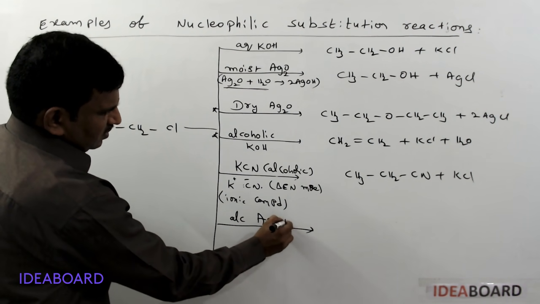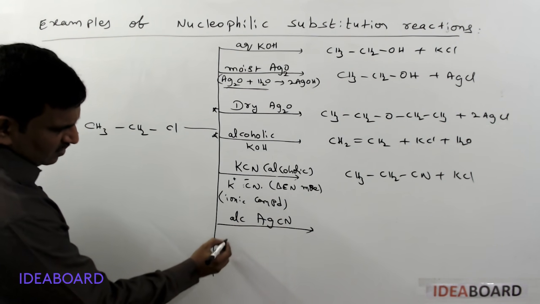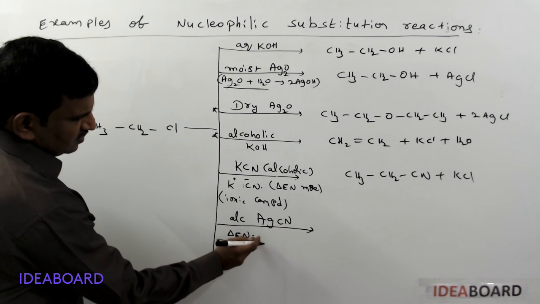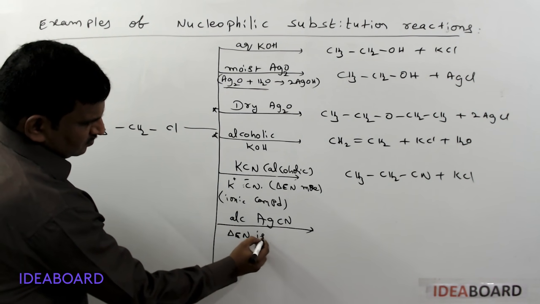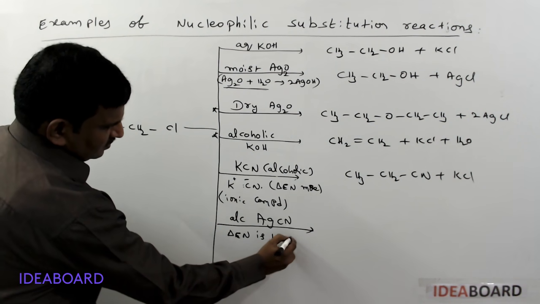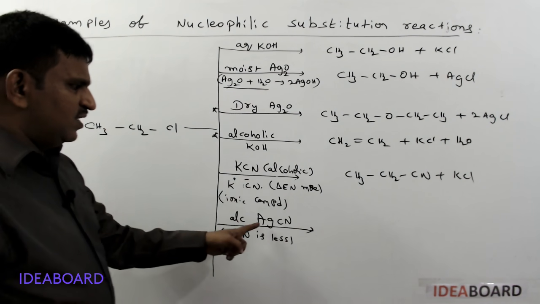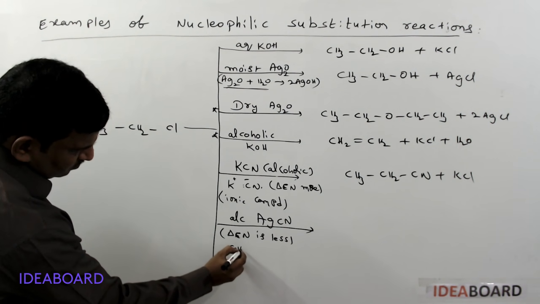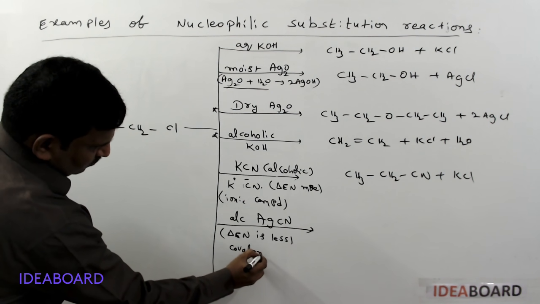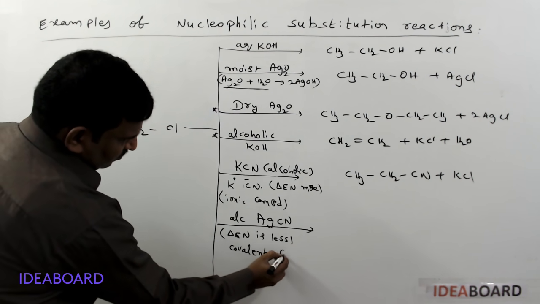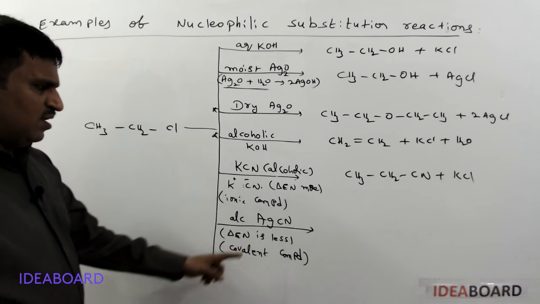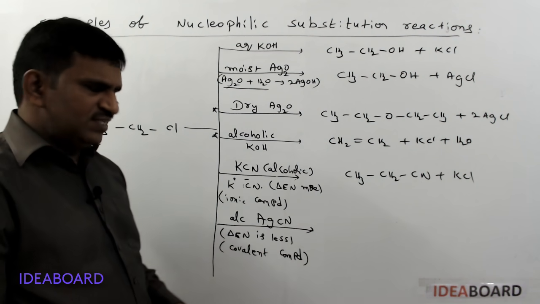Delta EN, the electronegativity difference between silver and carbon, is less, so it is a covalent compound. Whenever it is a covalent compound, the carbon-silver bond is not dissociated.